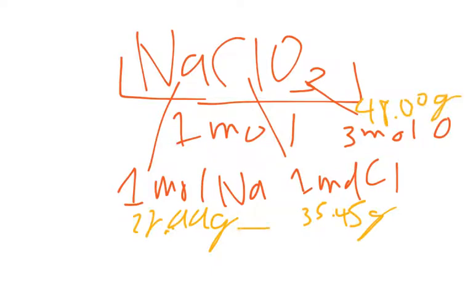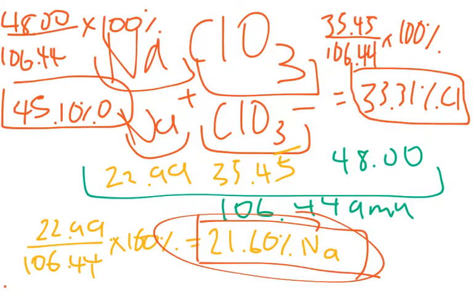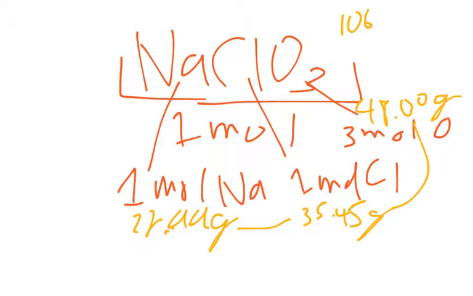So if we add all this up, we will get the mass in 1 mole of sodium chlorate, also known as the molar mass of sodium chlorate. So the math is the same as the other one. Our molar mass would just be 106.44 grams per mole.